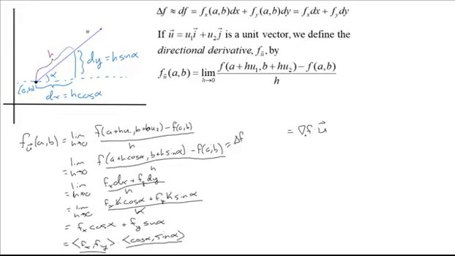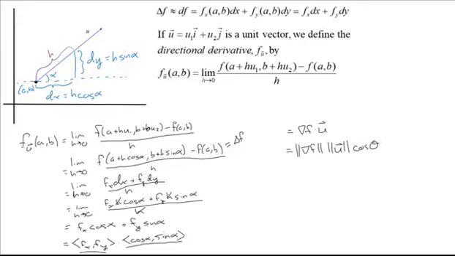So this gives us our simplified way of calculating the directional derivative, which is to dot the gradient with the unit vector. And this leads us to all of our nice properties, because we know that the geometric definition means we look at the magnitude of the gradient of f times the magnitude of u, which is just 1, times the cosine of the angle between them.